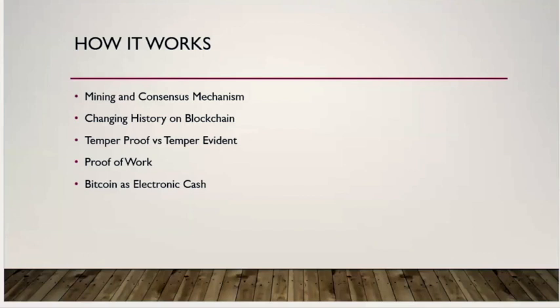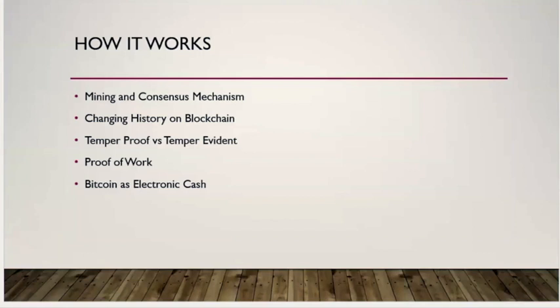Now everybody else will not agree with that. So at that point I need to change each and every history book of the world to prove that John F. Kennedy was not killed by a gunshot, and need everybody to read that book. So that's how I can change the history on the blockchain.